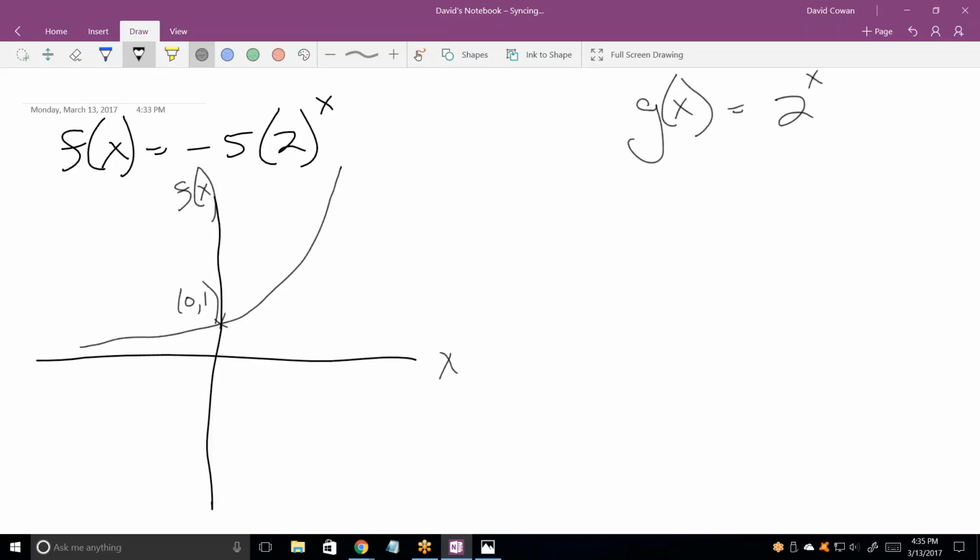So how is this particular function different? There's a negative 5 in the front, so it's flipping over the x-axis. Let's do that first.